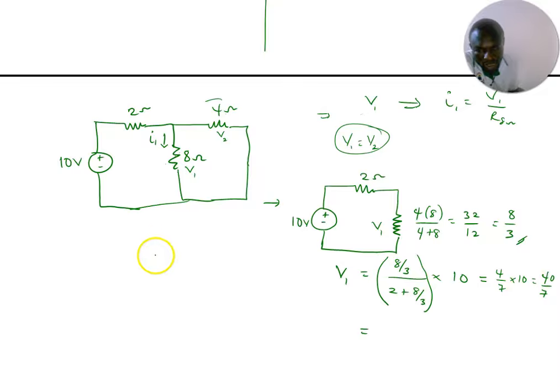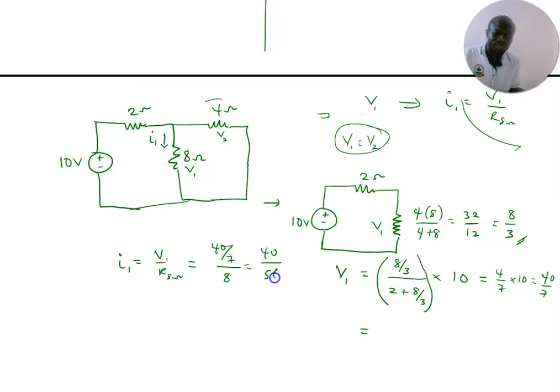So what's going to be our I1? I1 is simply going to be the V on R, on R 8 ohms, like we stated. V1 on R 8 ohms. Okay. So at the end, what do we get? We are going to get 40 on 7, all divided by 8. And this is going to be 40 on 7 times 8, right?